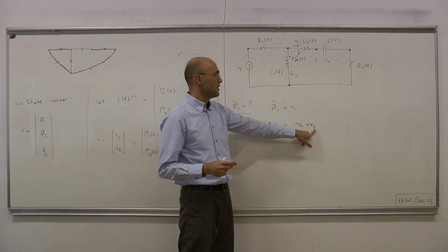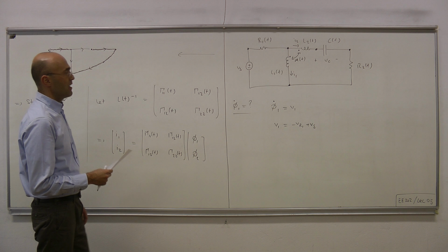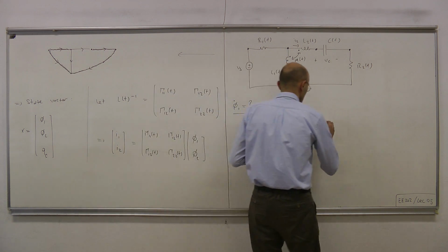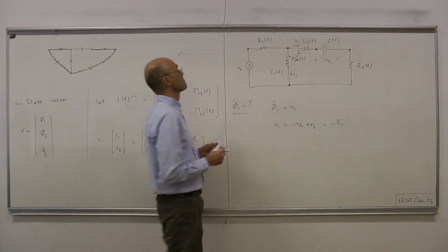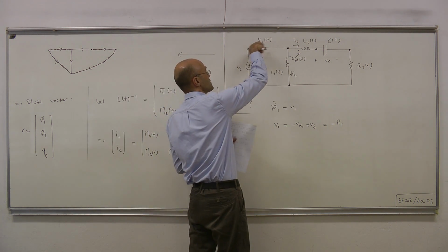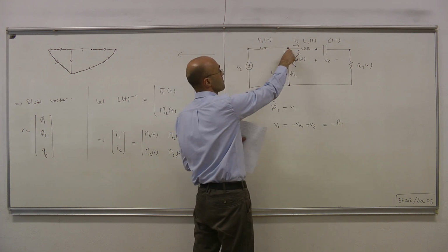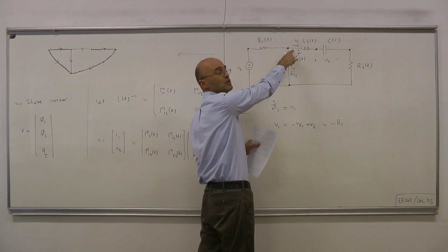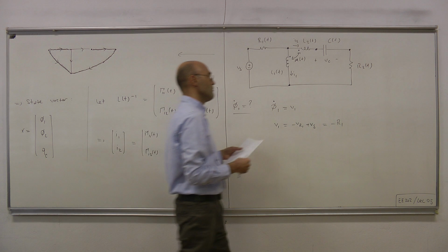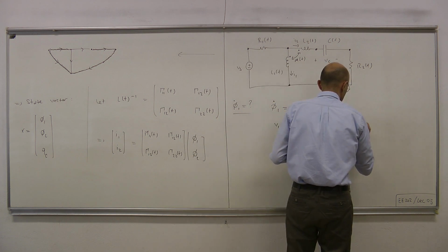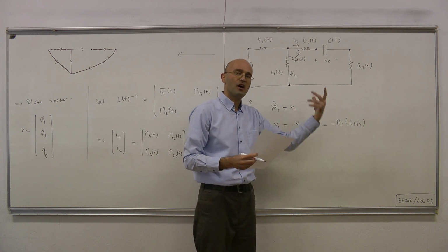Now Vs is good because it's our input, it's one of our formulation variables. How about VR1? VR1 is R1 times, okay, the current passing through it, and the current passing through R1 in that direction is simply I1 plus I2, okay, from KCL written on that node. So we have R1 times (I1 plus I2). Well, we should keep in mind that this R1 is R1(t).